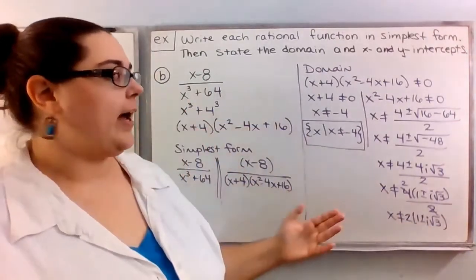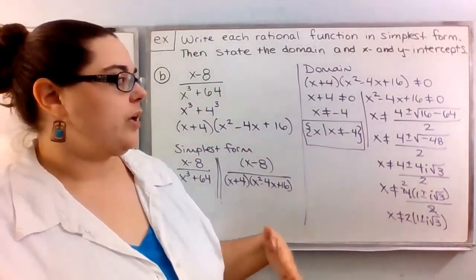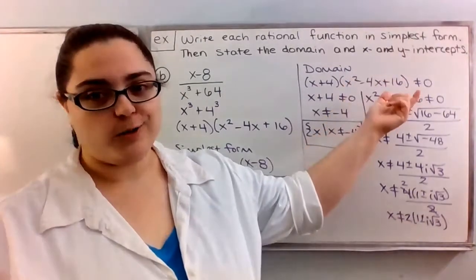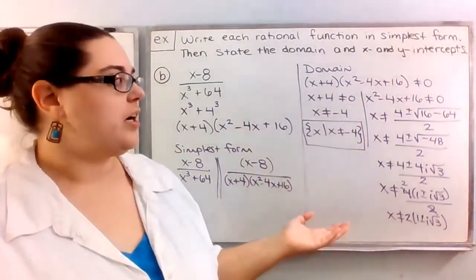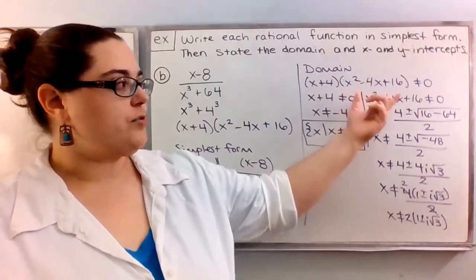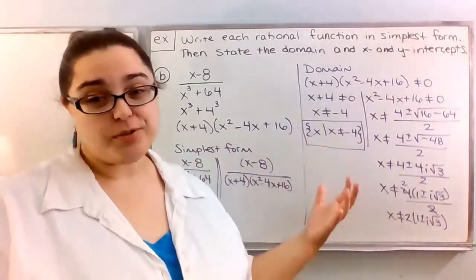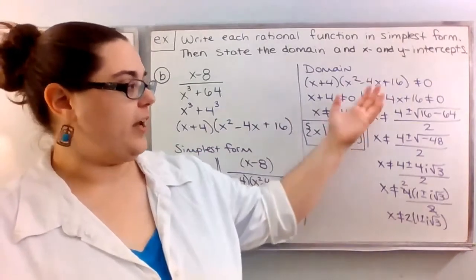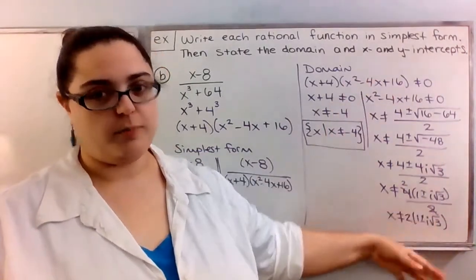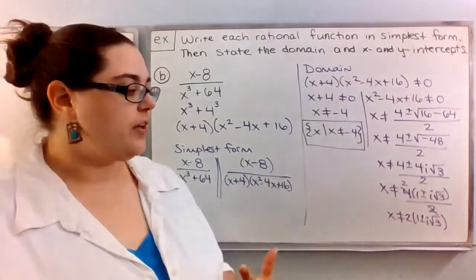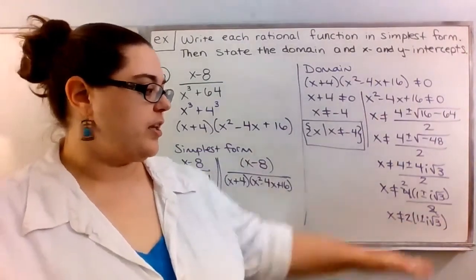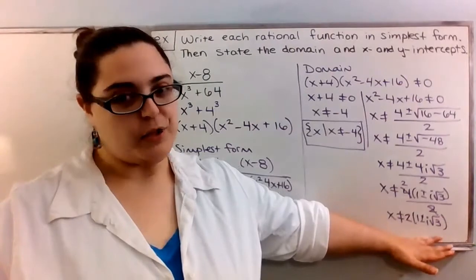So if we had a quadratic that could factor, we would have factored it beforehand, so this process would have been easier. And if we had a quadratic with irrational roots, then we would have found that with our quadratic formula and we would have needed to do it in that case. But often what I see students do is get confused by this i stuff. So I wanted to bring it up.